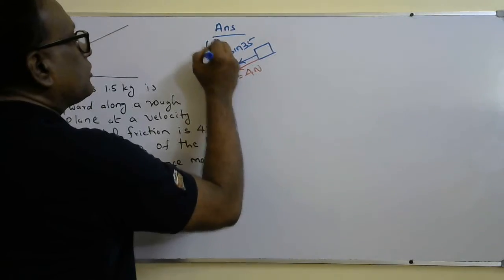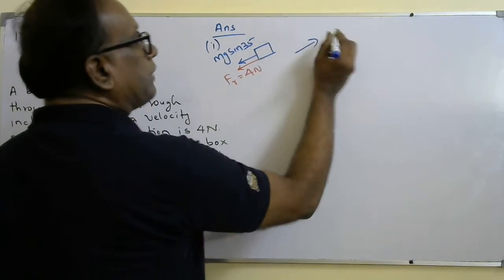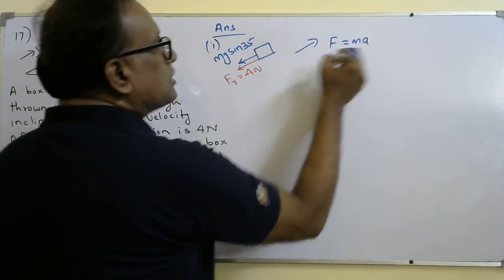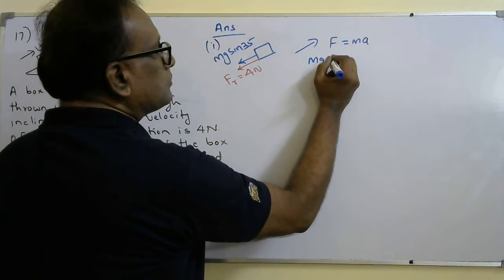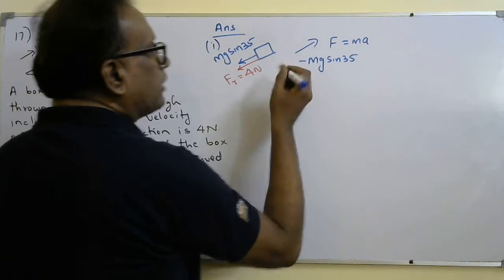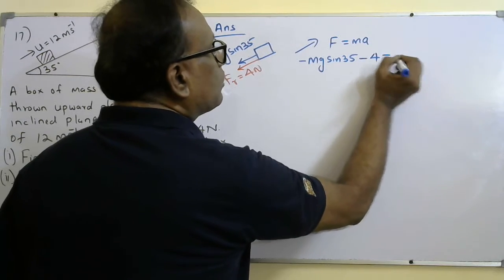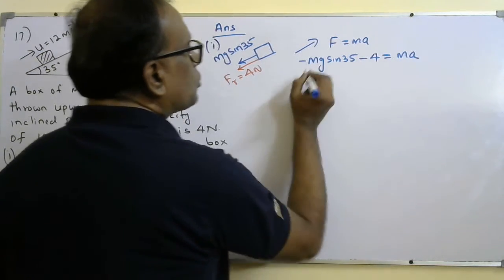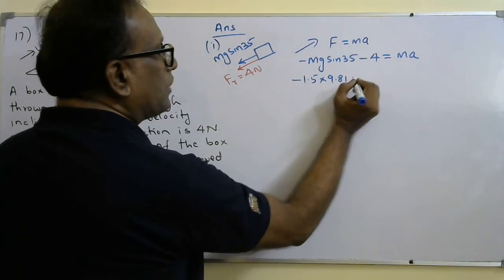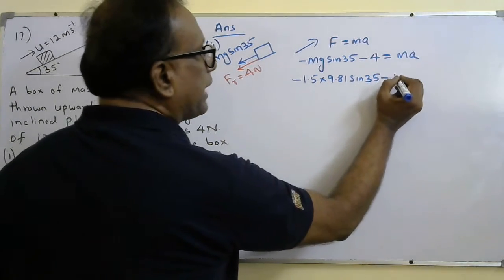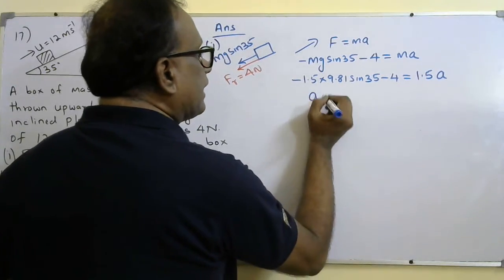So to find the deceleration, I am going to use the upward direction, F equals ma along the plane up. These two forces are along the plane down, mg sine 35. I am using upwards because the motion is up: minus 1.5 into 9.81 sine 35 minus 4 equals 1.5 a. You will get a negative answer.